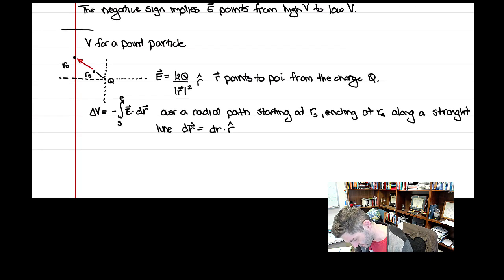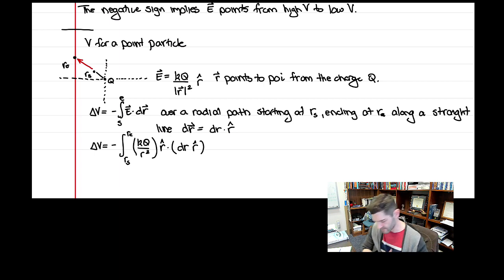So in this case then, delta V equals negative integral from R start to R end of K, Q, and I'll just write R squared now instead of writing it as the magnitude of a vector, R hat, dotted with dr R hat.